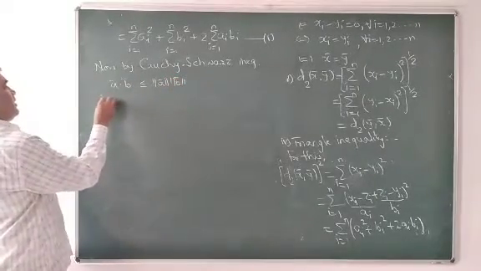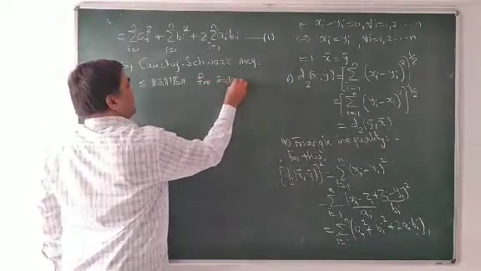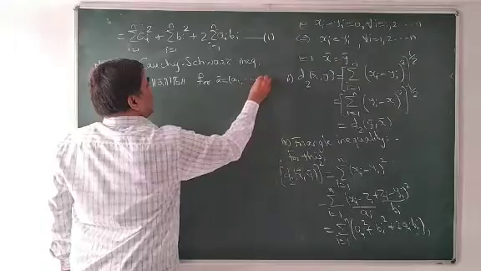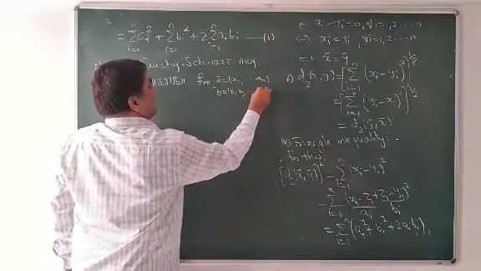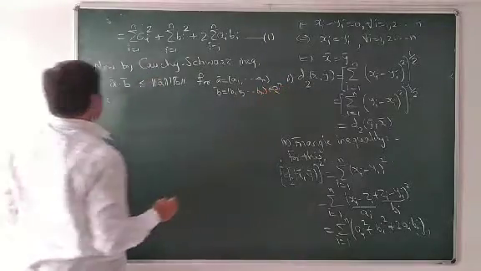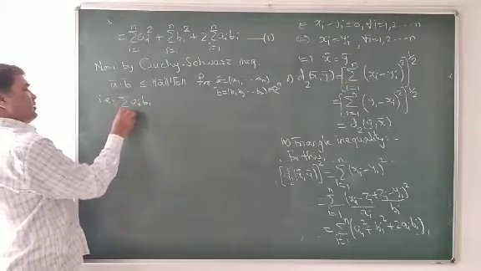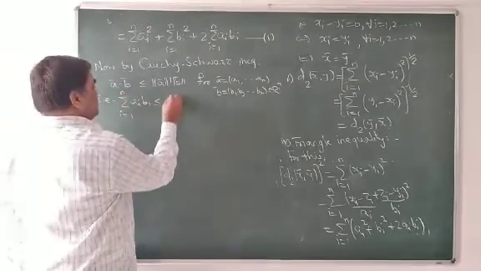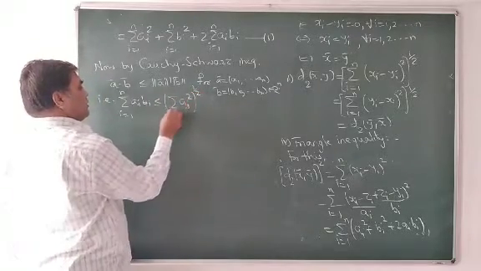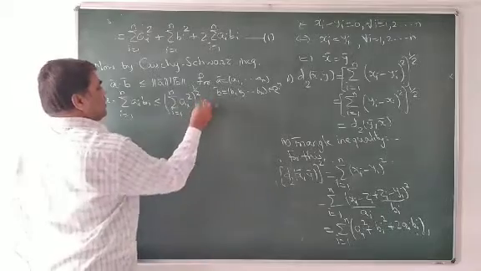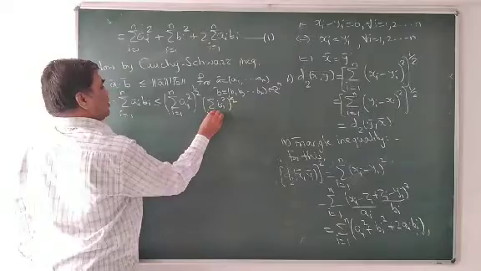That is, for a bar equal to a1, a2 up to an, b bar equal to b1, b2 up to bn belonging to Rn, this is summation of ai bi, i equal to 1 to n, less than or equal to summation of ai square raised to half, i equal to 1 to n, into summation of bi square raised to half, i equal to 1 to n.